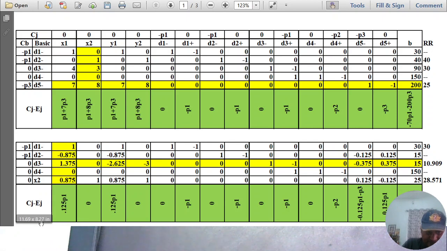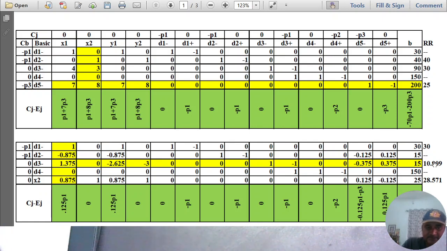Here, now, when we see that P1 has coefficient 0.125 here, 0.125 here, 0.125 here, then you can take either this or this or this as the entering variable. I have taken this as the entering variable, then I have found the replacement ratio, which comes minimum for D3, so D3 will be replaced by X1.